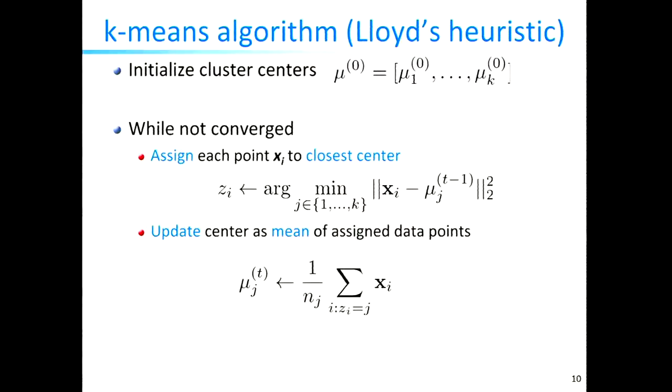Every round you have your current set of centers that you maintain, mu j of t minus 1. Here the superscript is the iteration number, the subscript is the cluster index. We use our current set of centers to infer the class membership. That means we use this Voronoi partition to label our data points.